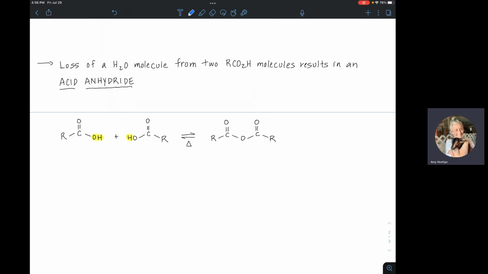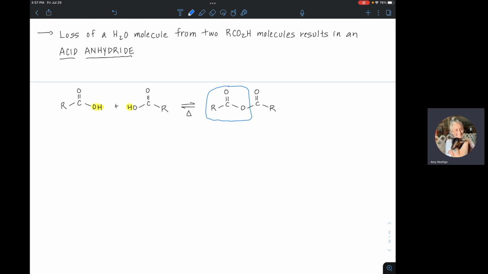The leaving group for this would be here. If I attacked one of those carbonyls, that would be the leaving group. So here's your leaving group. There's a carboxylate, and it's a relatively weak base.